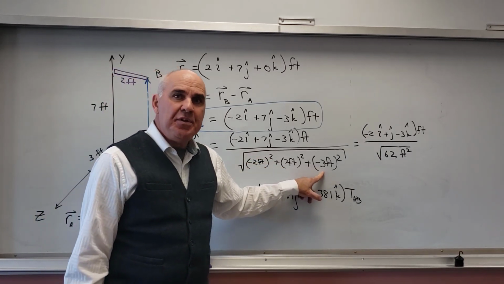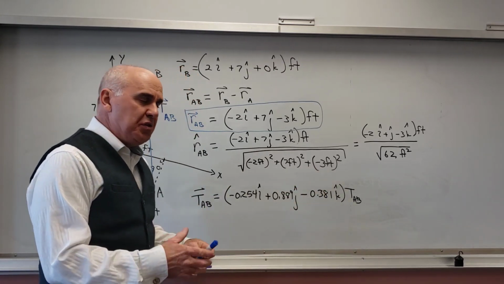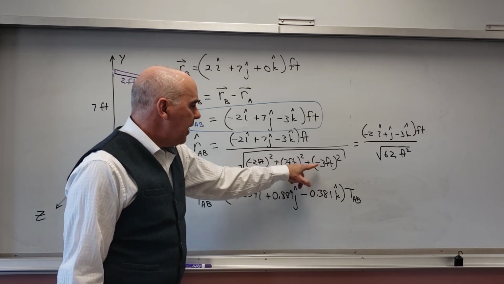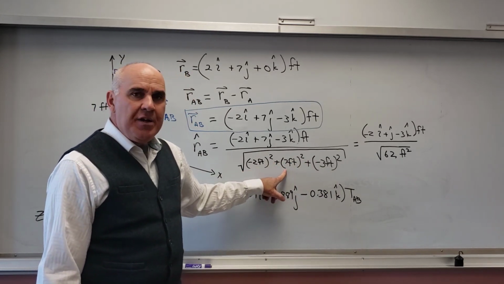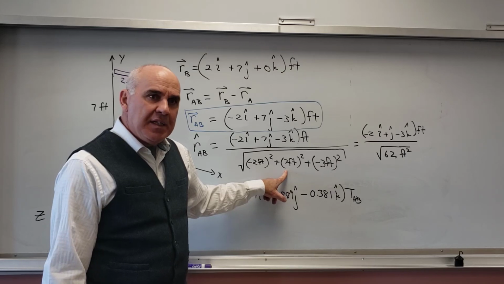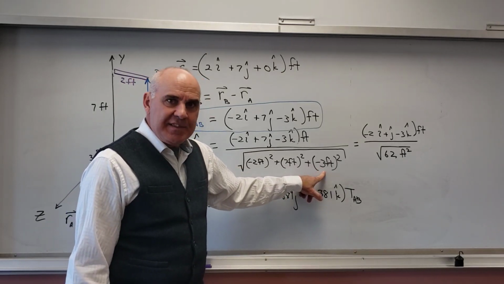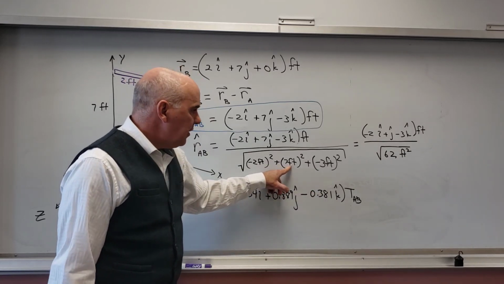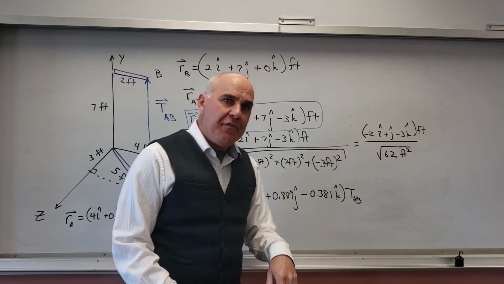And then negative 3 feet is the k quantity, square that. Of course, when you square, all the negatives go away. So I'm going to get 4 plus 49, that's 53, plus 9, that's 62. And then feet squared. So I get 62 feet squared, but I'm going to take the square root of that.